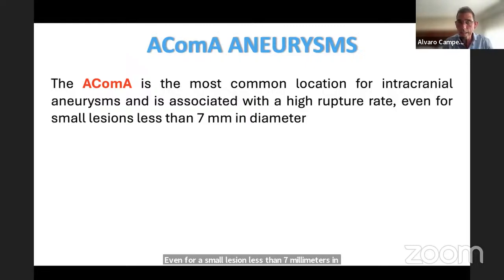Usually, in other parts of the circle of Willis, we think that for an aneurysm to rupture, it is usually 7 millimeters or more. But in the ACom artery, aneurysms smaller than 7 millimeters can also rupture.